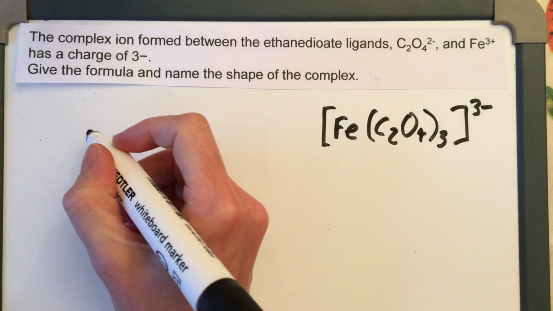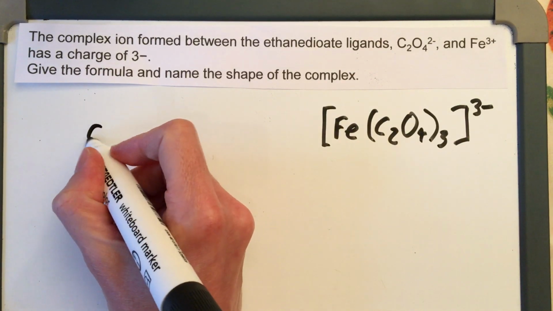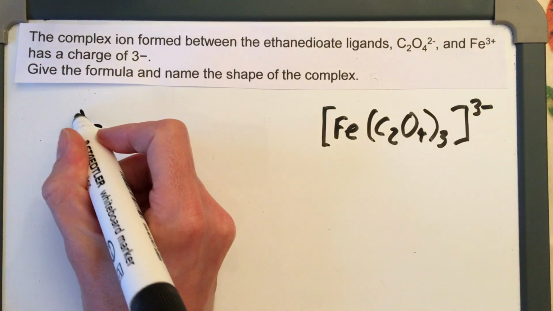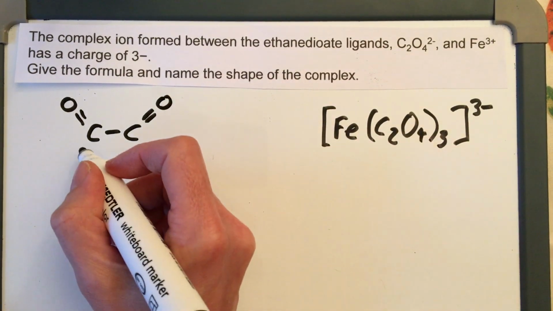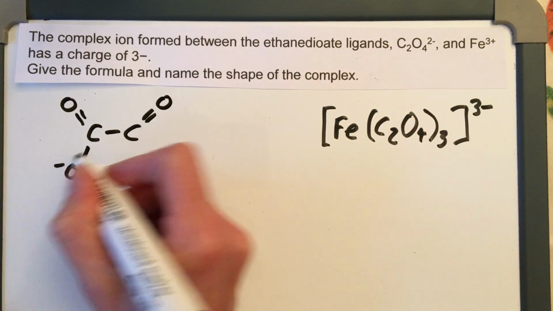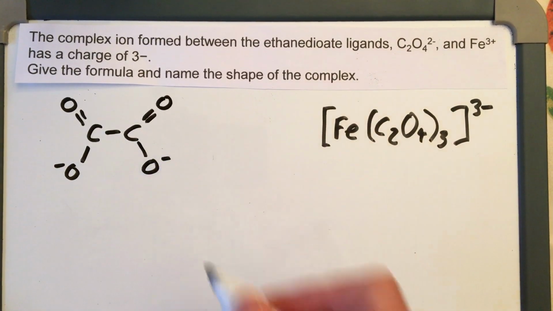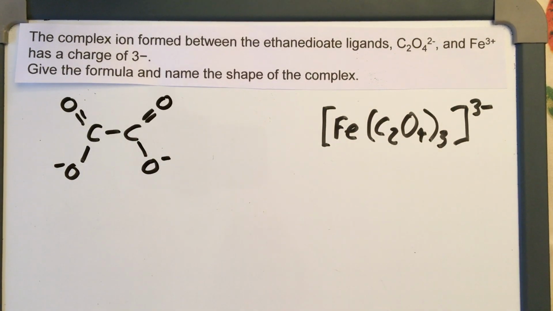To think about this, we need to know a little bit more about the ethanedioate ion and how that works as a ligand. In this exam question, this ion was given further up in the question, but it is one that is worth knowing, as there were lots of questions with this ion in it.